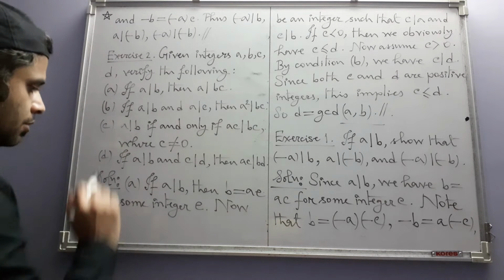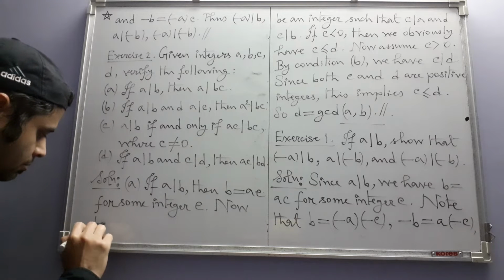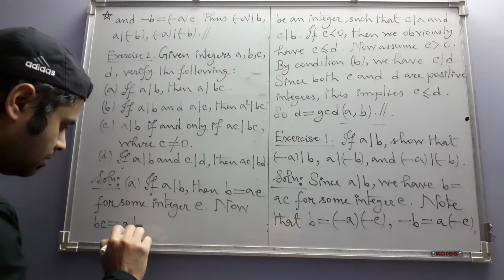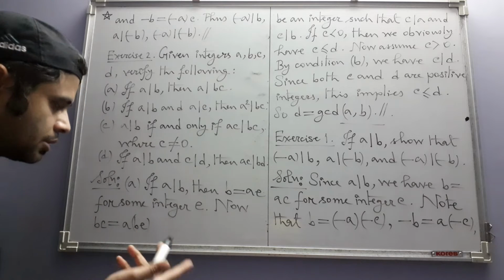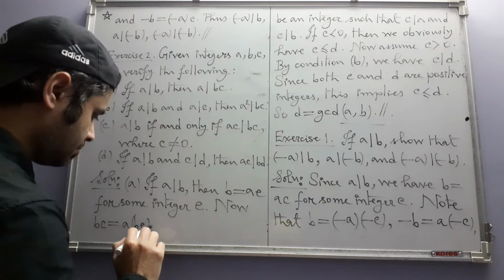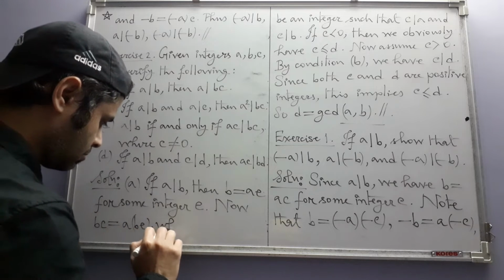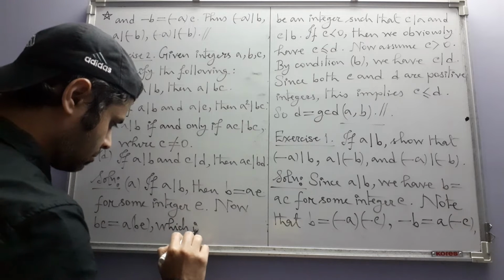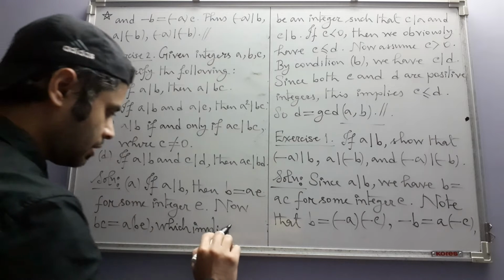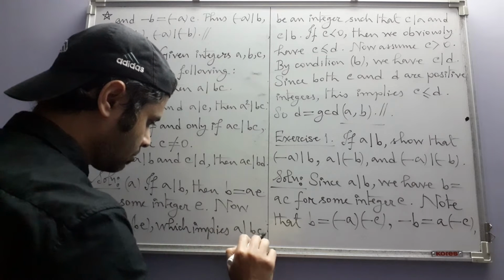So we have to prove that A divides BC. So BC can be written as A times BE. Now just like E is an integer, BE is also an integer. So this implies A divides BC.